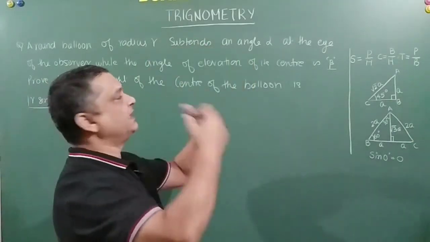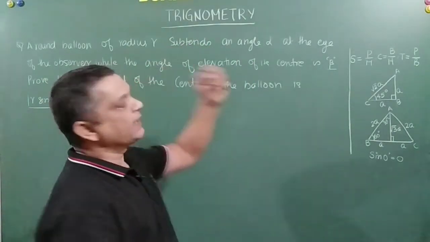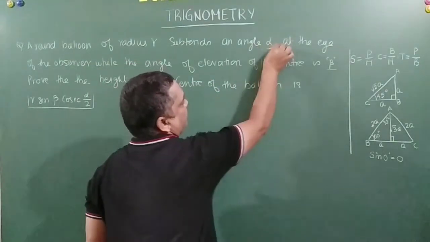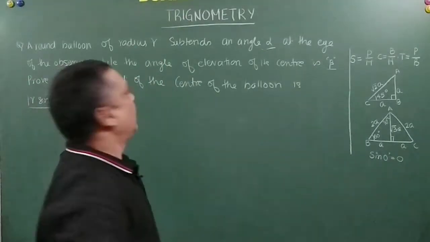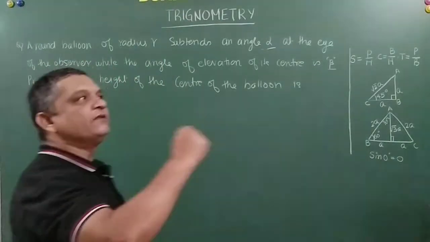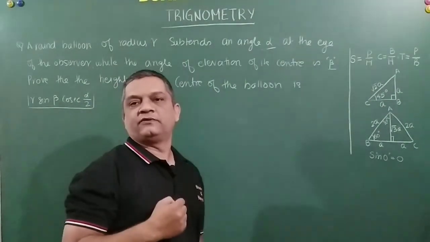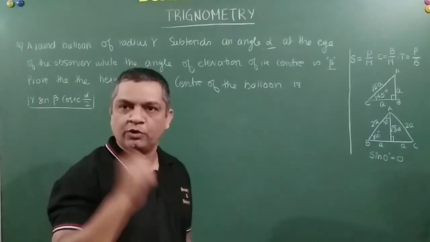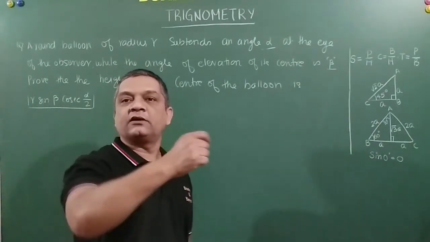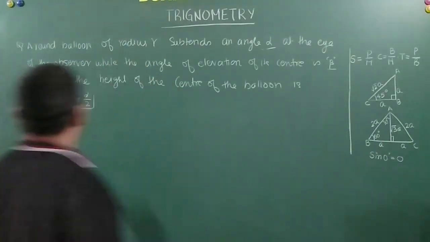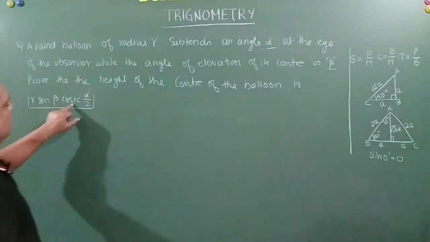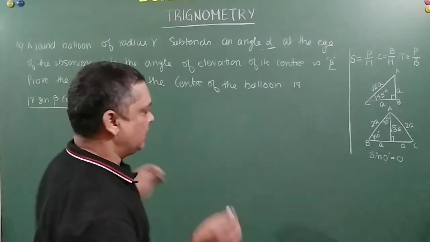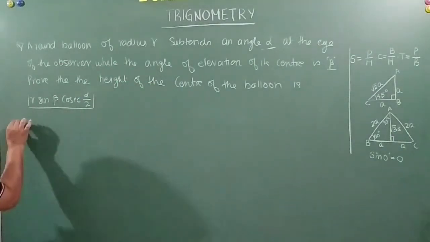The balloon is subtending an angle of alpha at the eye of the observer, and the angle of elevation of the center of the balloon from the observer is beta. We need to prove that the height of the center of the balloon from the ground is equal to r sin beta into cosec alpha by 2. So let's try solving it, friends.